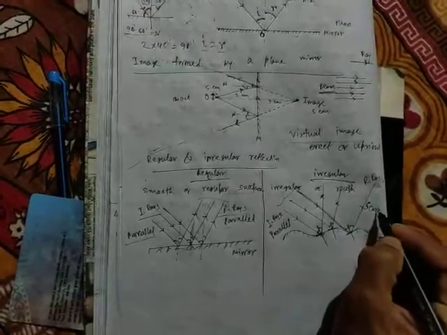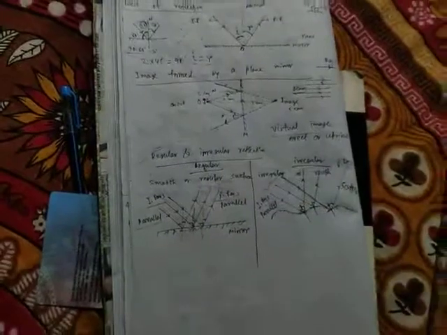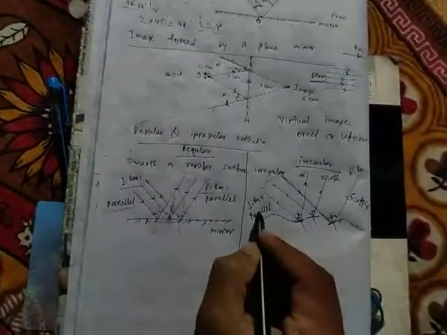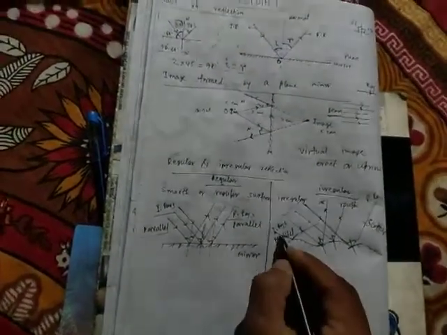Scatter, S-C-A-T-T-E-R, means spread in different directions. Okay, clear. Regular reflection, clear.